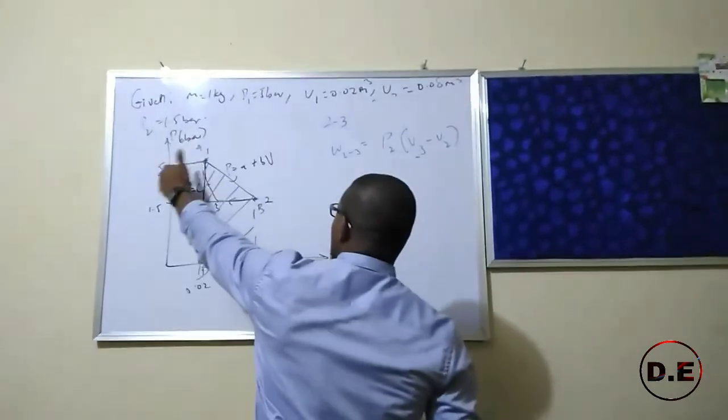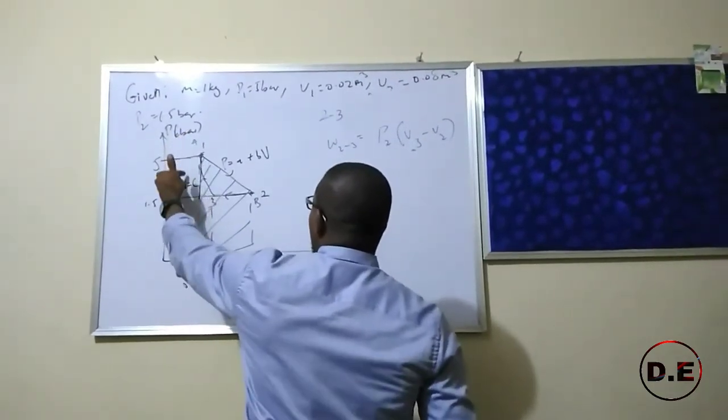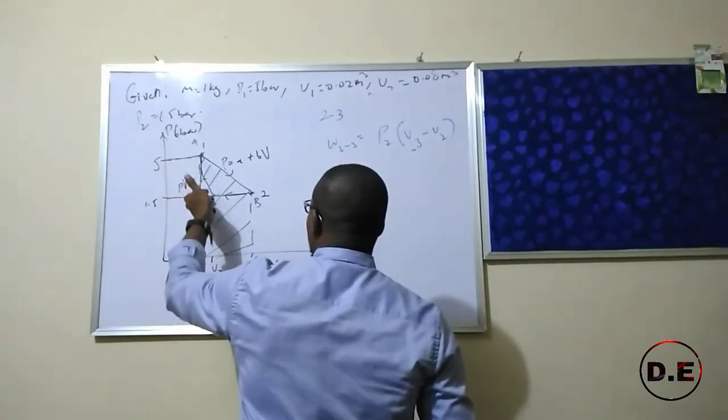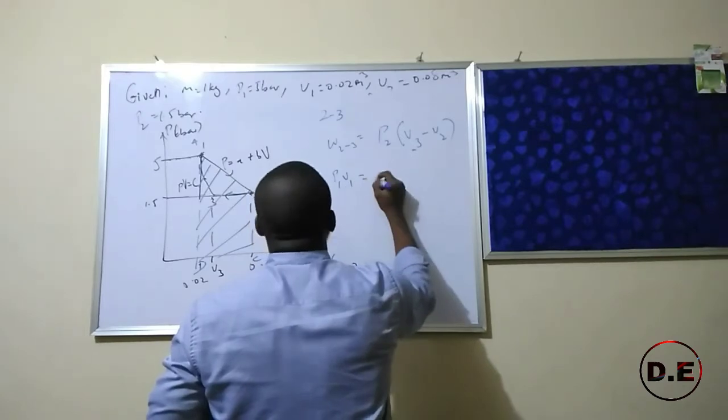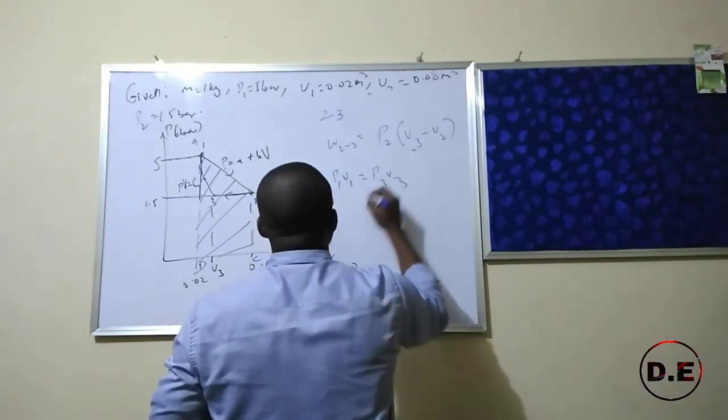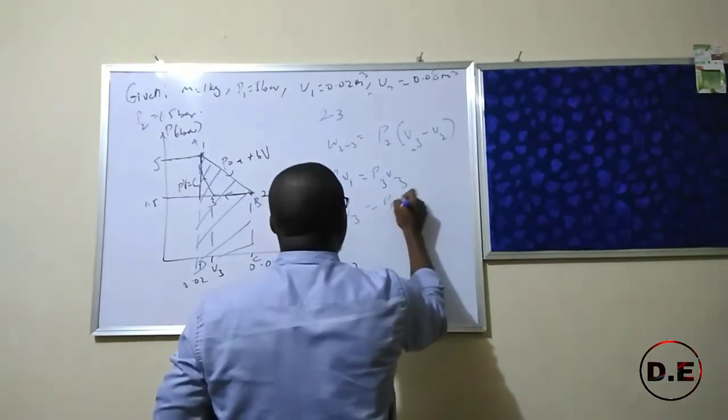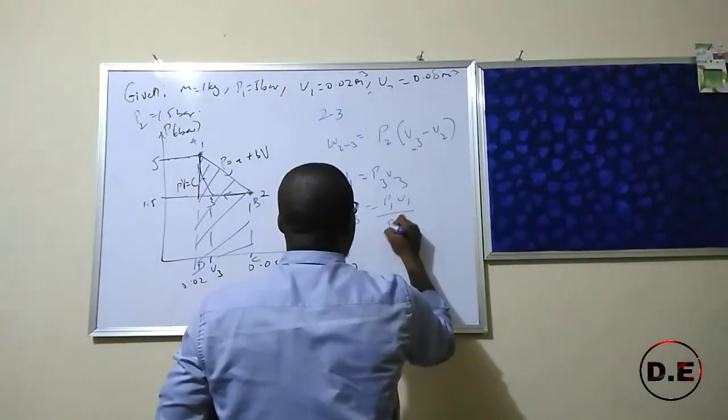We recall that this process 1 to 3 is a hyperbolic expansion process. So I can write P1 V1 is equal to P3 V3. So V3 is equal to P1 V1 over P3.